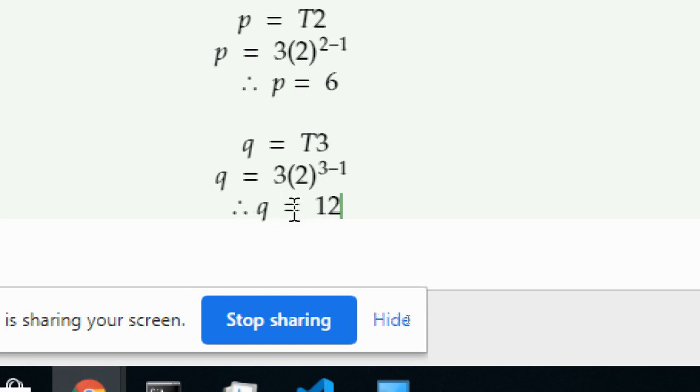Therefore Q is equal to 12, because 3 minus 1 is 2, then 2 to the power of 2 is just 4, then 4 multiplied by 3 is 12.